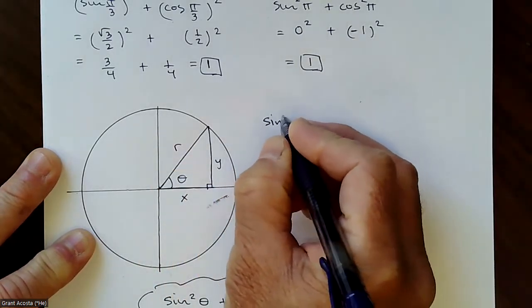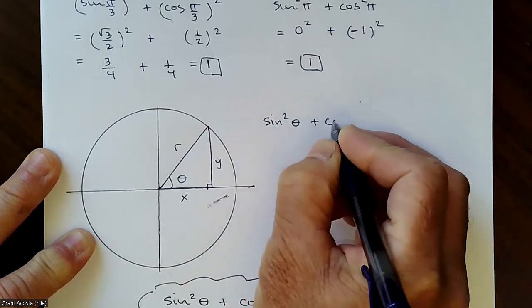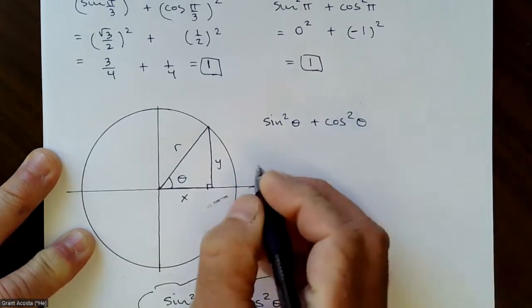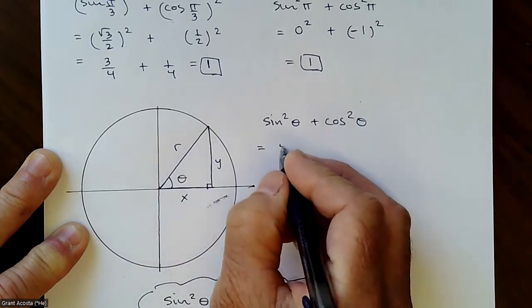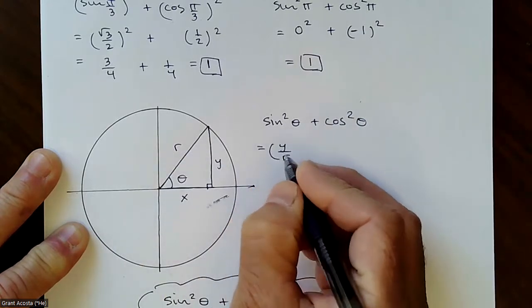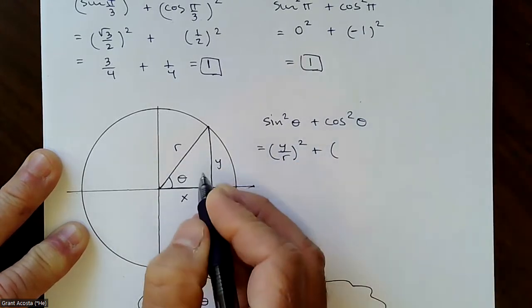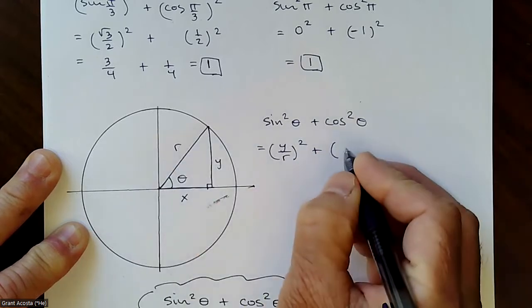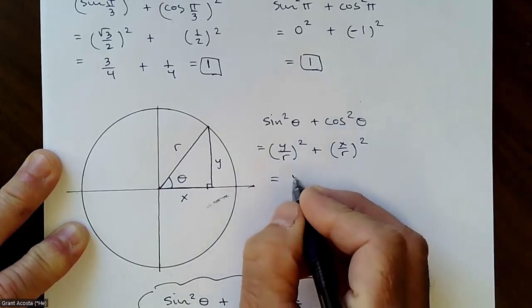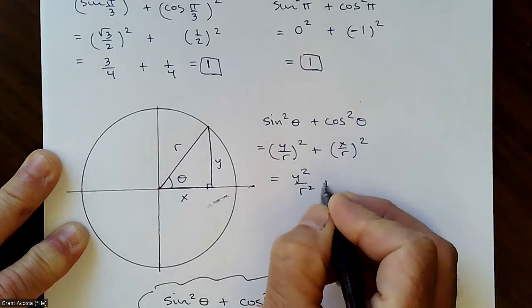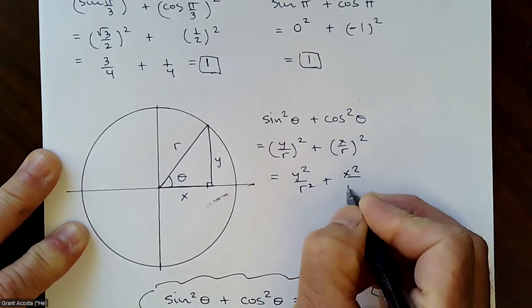Let's see what happens if I do sine squared of theta plus cosine squared of theta. The sine is opposite over hypotenuse, so I'd get y over r squared. Cosine is adjacent over hypotenuse, x over r squared. This is y squared over r squared plus x squared over r squared.